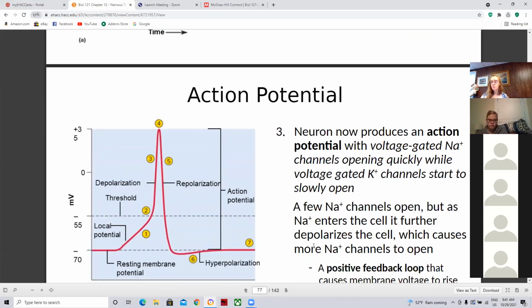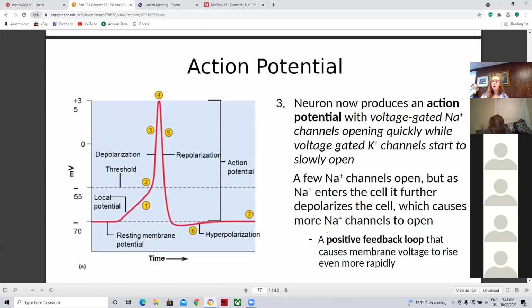At this point, we initiate an action potential because the voltage gated sodium channels are going to open quickly. It's going to happen just like that. The potassium channels are going to open also, but they're going to open a lot slower. A few sodium channels will open, but as the sodium enters the cell, it's going to further depolarize more of the membrane, causing more channels to open.